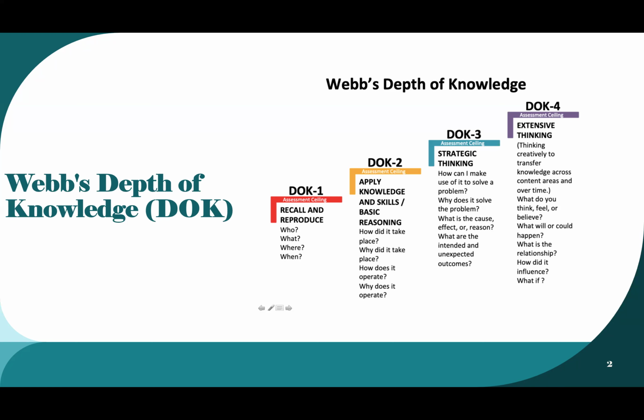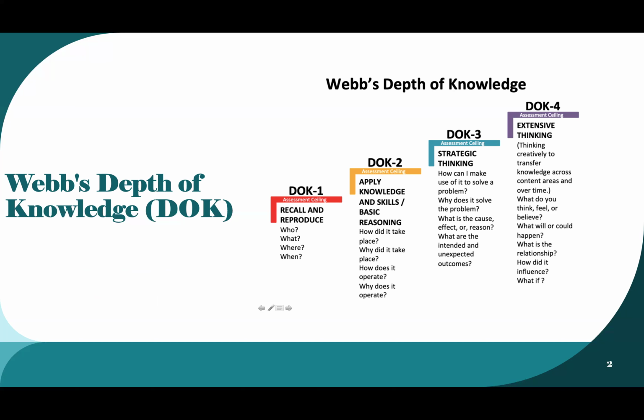Starting with recall and reproduction, which is level 1, students are expected to recall or reproduce basic facts, definitions, or procedures. These tasks typically involve direct memorization or simple recall.